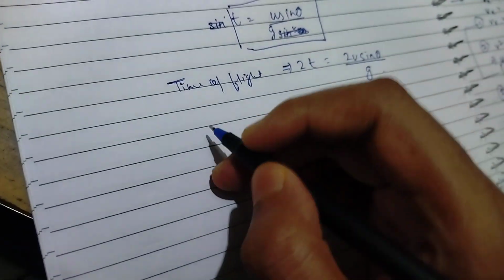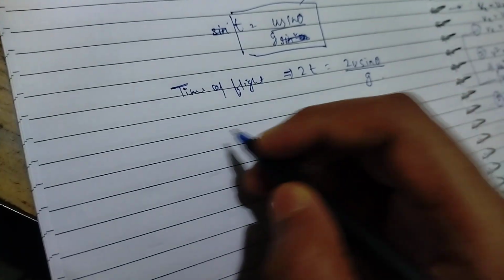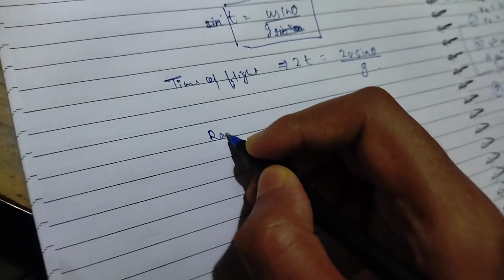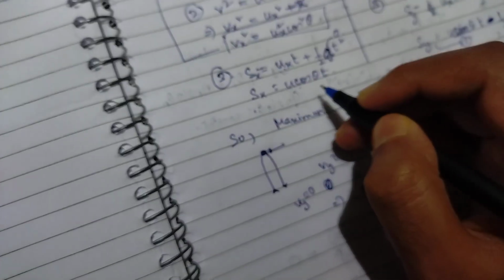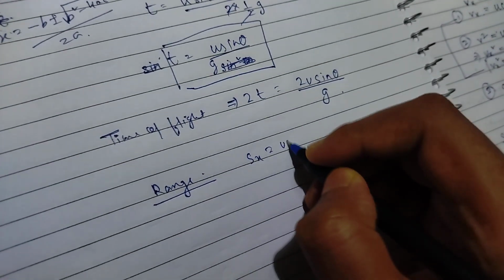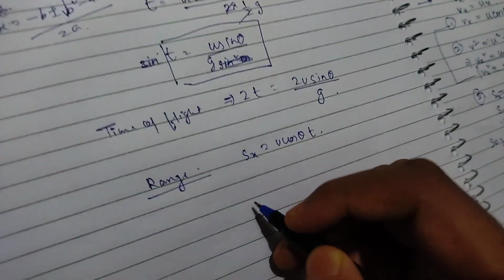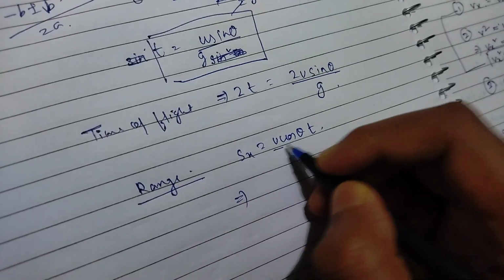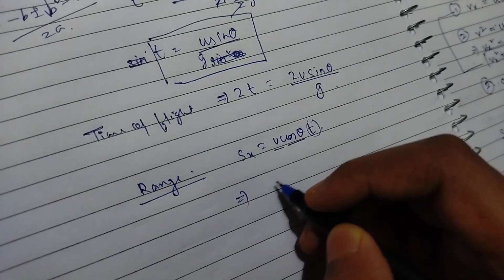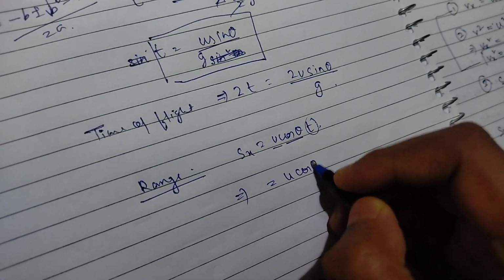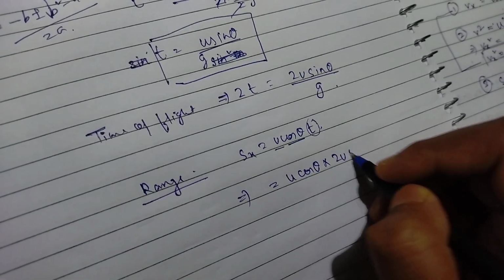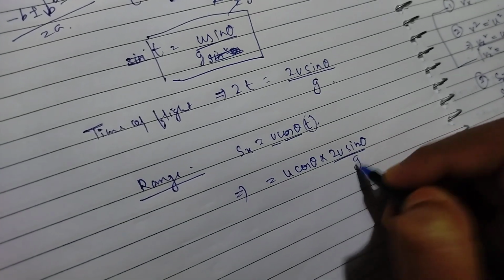So we will now find out the range. We can easily find out the range now. Range is the distance in the x direction, sx is equal to u cos theta t. We know u, we know cos theta, we know t, the time of flight, 2u sin theta by g.